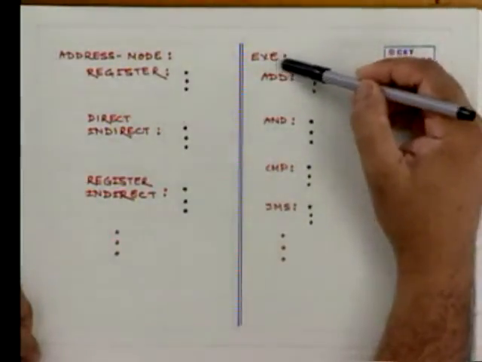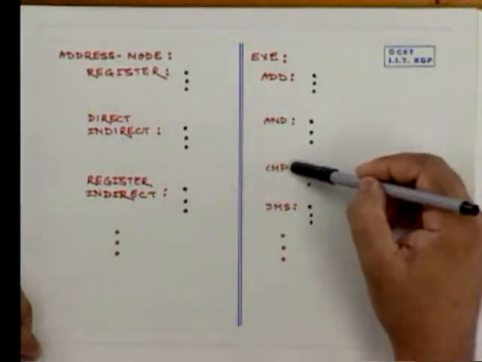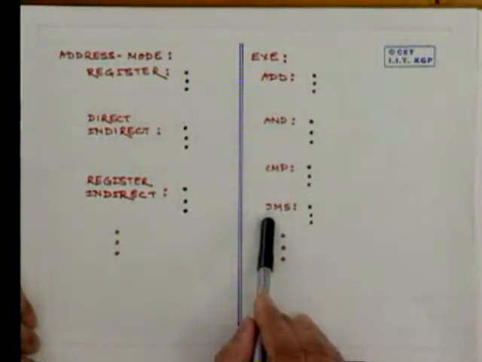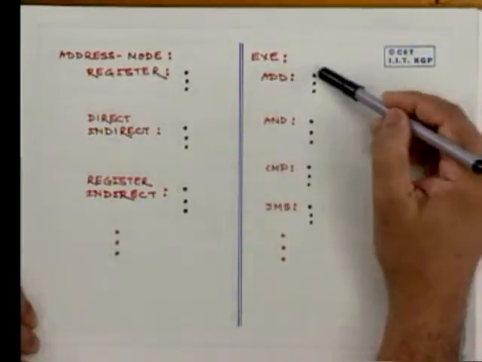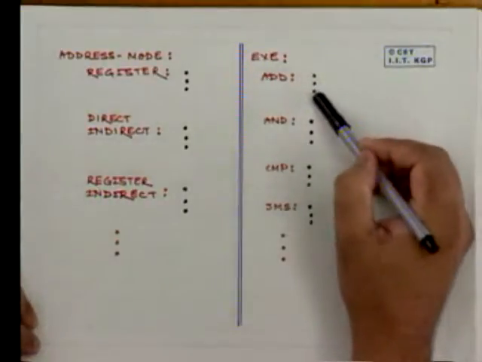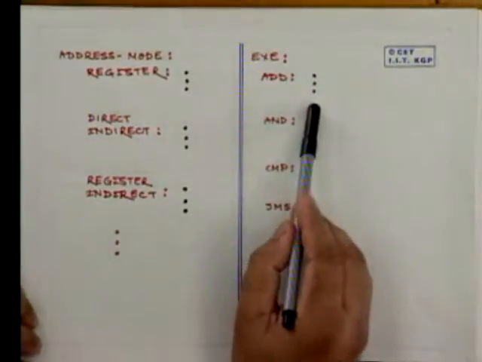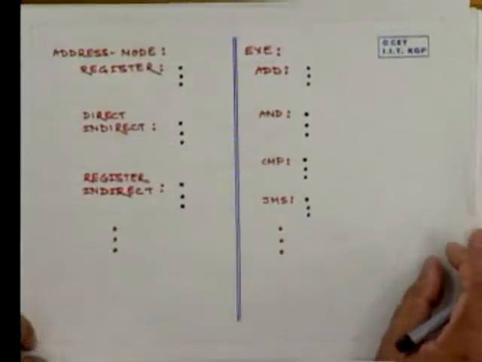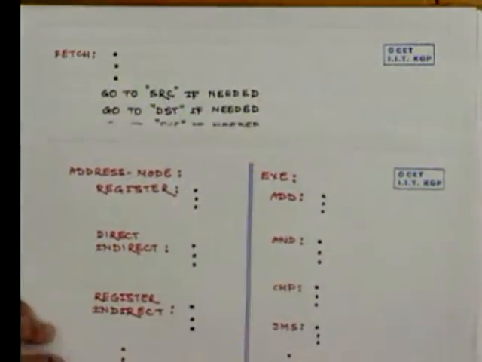Similarly, when you come to execute for adding, subtracting, multiplying, ANDing, comparing, or for executing the JMS instruction, jump to subroutine instruction, which is given as a call instruction, so to say, separate microcodes and separate subprograms will be there, which will be executed. And after execution of each instruction, each subprogram, the control should come back to the fetch once more. Therefore, the entire microprogram can be arranged in terms of small subprograms within the microcontrol memory.